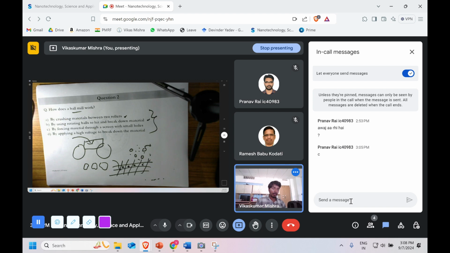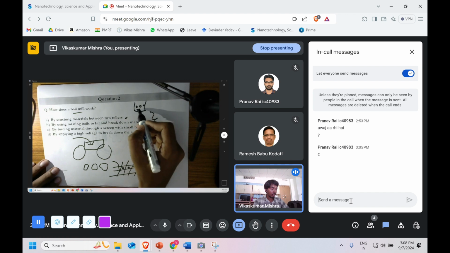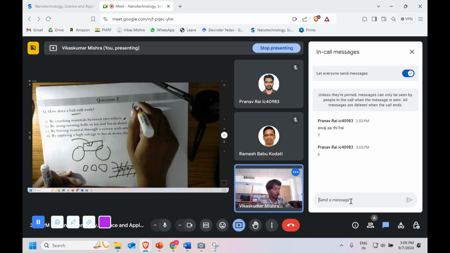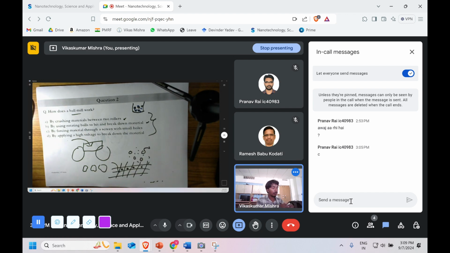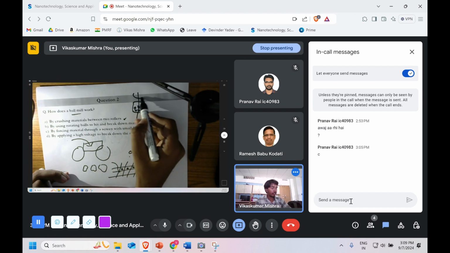Here we can see that in ball milling, we take a container. In that we put our balls, zirconia or tungsten carbide balls, and we also put our powder in it. We close this container and rotate it about a certain axis.